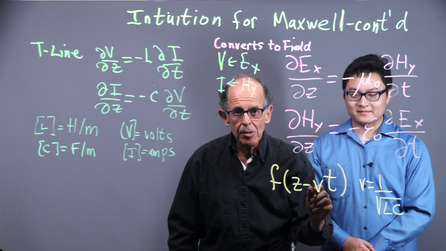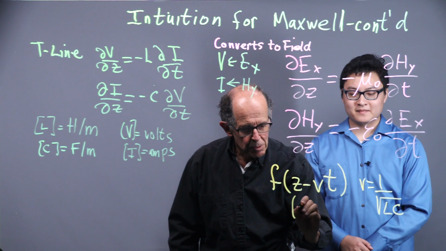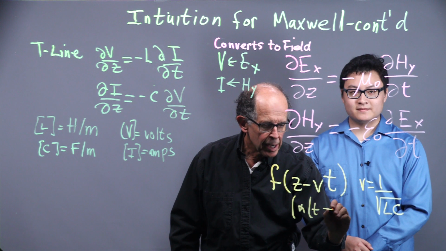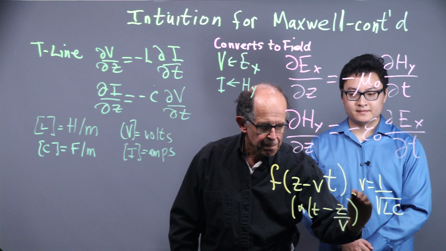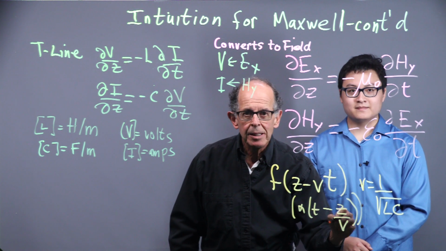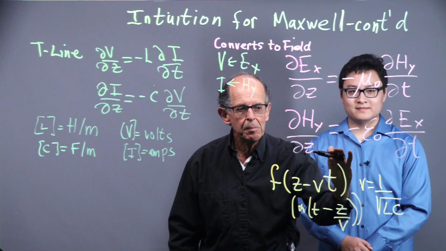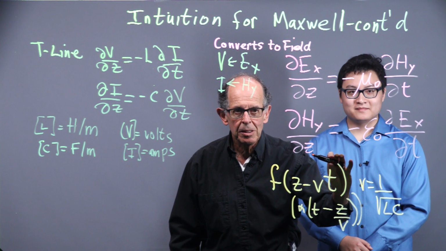By the way, the other thing is we've got to do better. We're going to rewrite this in the form of alpha t minus z over v. And we're going to see how we can extend this to multi-dimensions. We've just got the one-dimensional case here, and that's a subject for future videos.